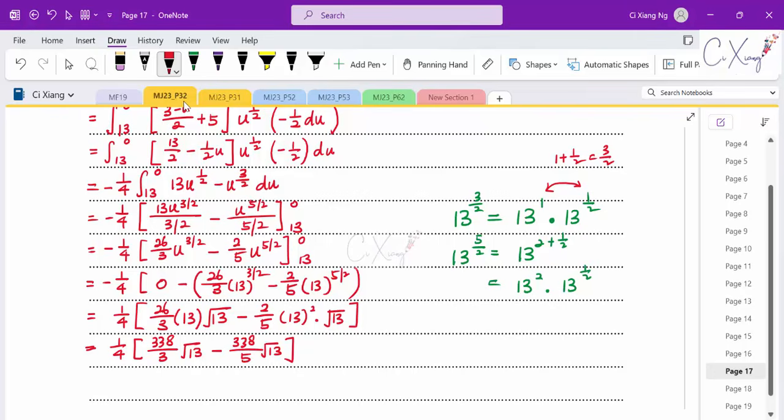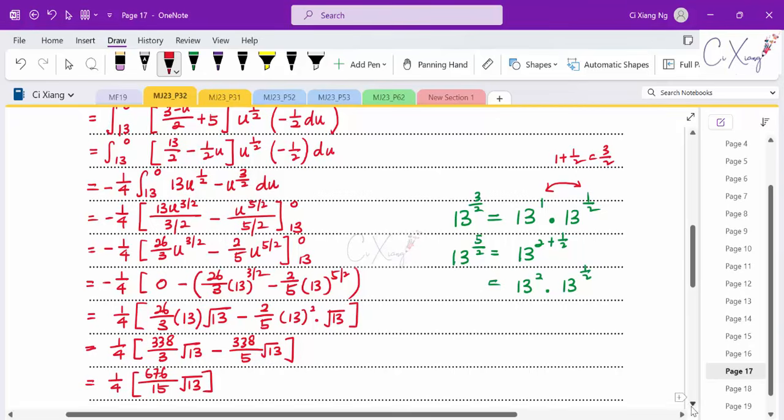Now you can treat the square root 13 as an apple. So you're having 338 over 3 apple minus 338 over 5 apple. So 338 divided by 3 minus 338 divided by 5. What do I get? I get a fraction also, which is 676 divided by 15, then square root 13.